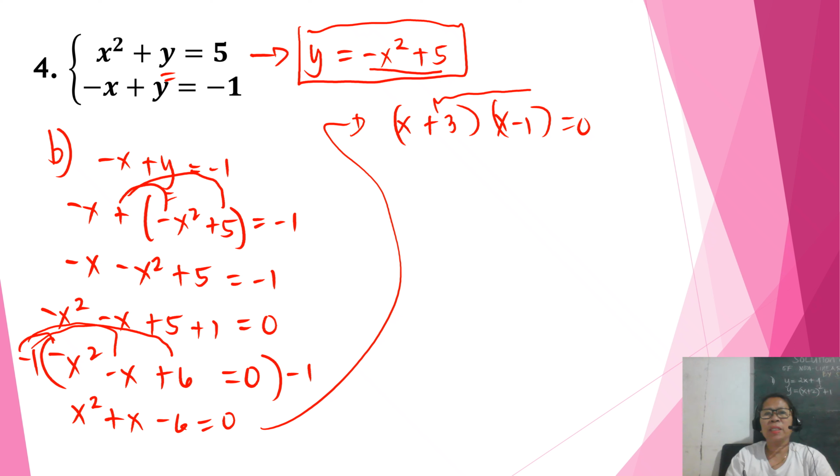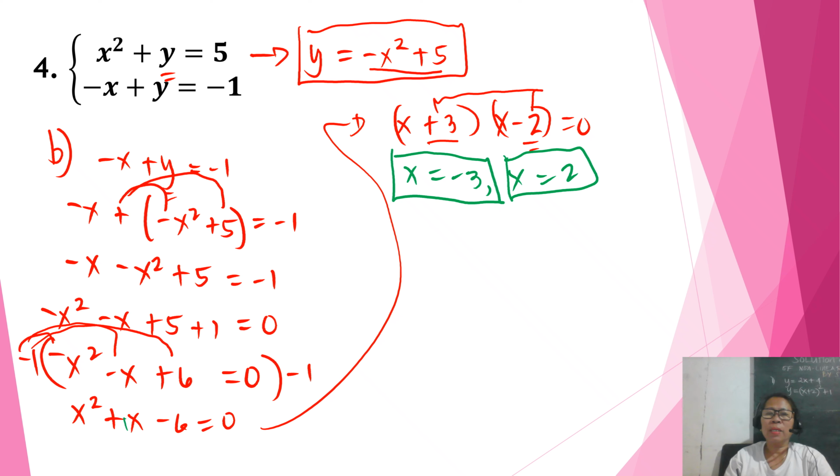Because positive 3 times negative 2 will give us negative 6. And then if we will add positive 3 plus negative 2, it will give us a 1. So remember, there is understood, there is a 1 there. So therefore, the values of our x are negative 3 and positive 2. So we are done getting the numerical value of x, which are negative 3 and positive 2.